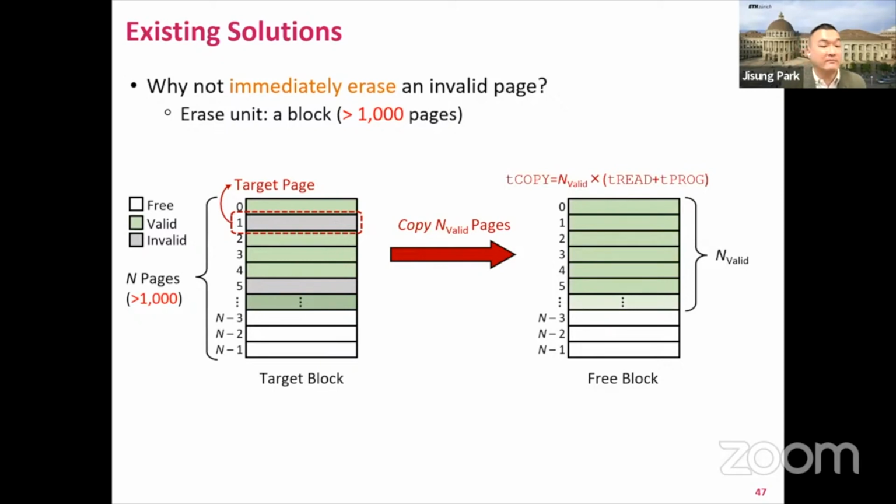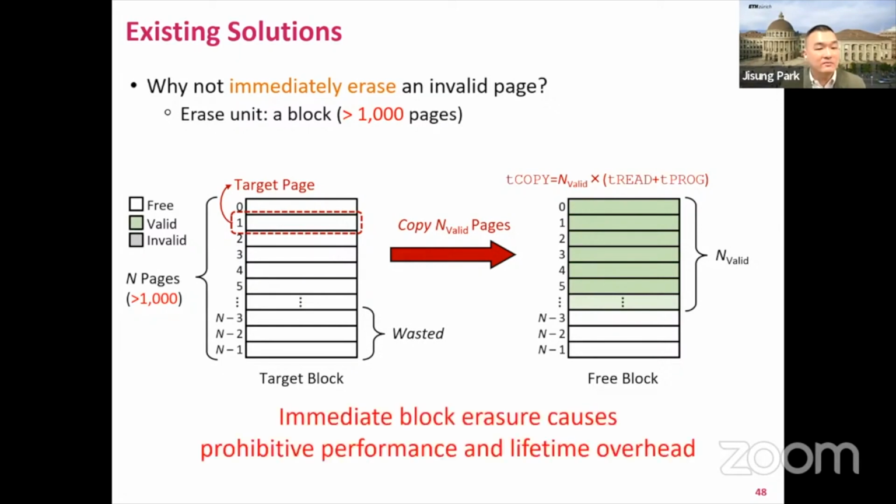Also, if the target block has some free pages, they would also be erased without being programmed, which wastes P/E cycles. So in conclusion, immediate block erasure is hard to use in practice due to its prohibitive performance and lifetime overheads.